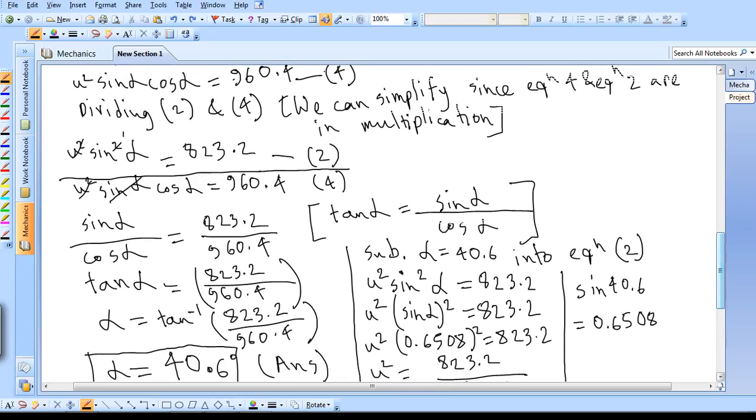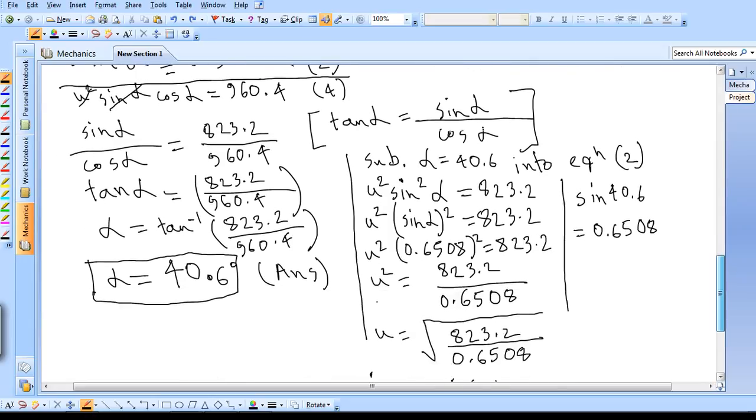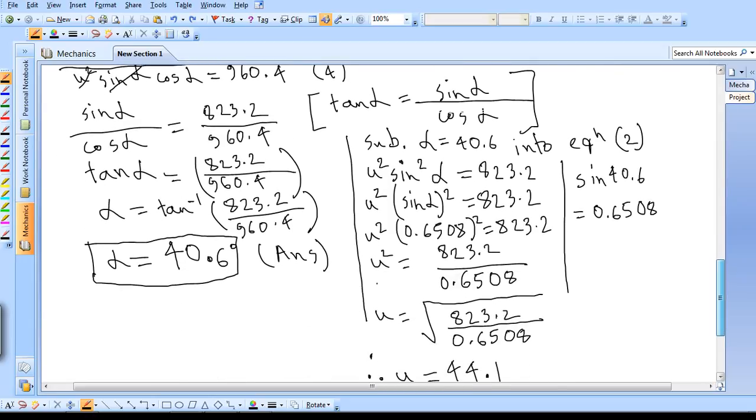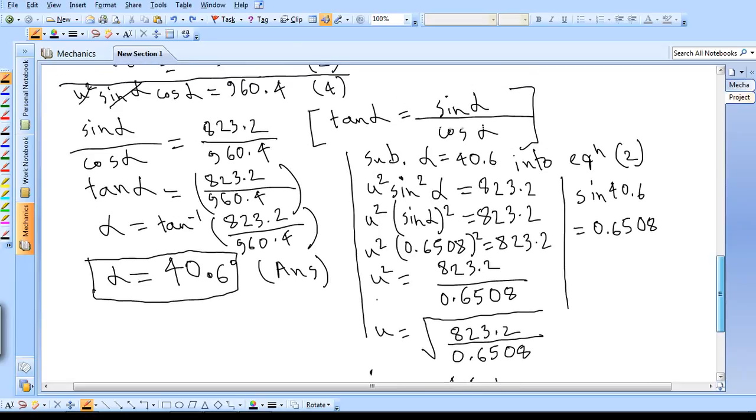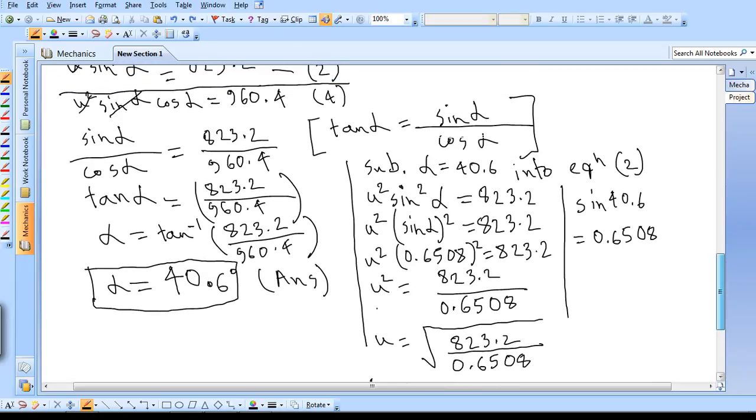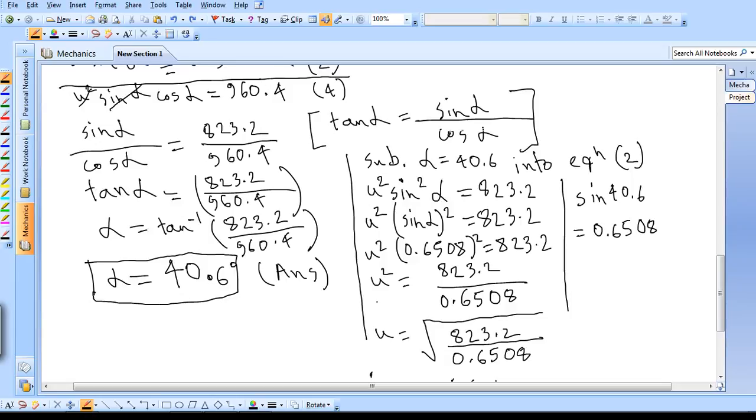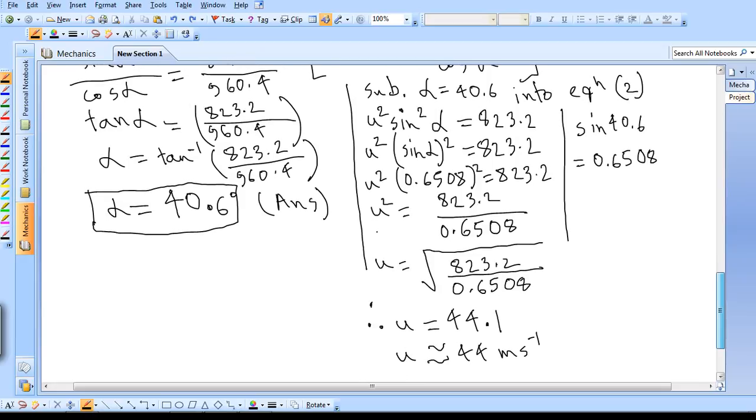At first we have created the equation, and second we have used the substitution method to find the values ultimately. Here we have done two things. Let me repeat. First, we have formed an equation, and second, we have used the substitution method to find alpha and u. So I hope that you have understood the question as well as the answer.